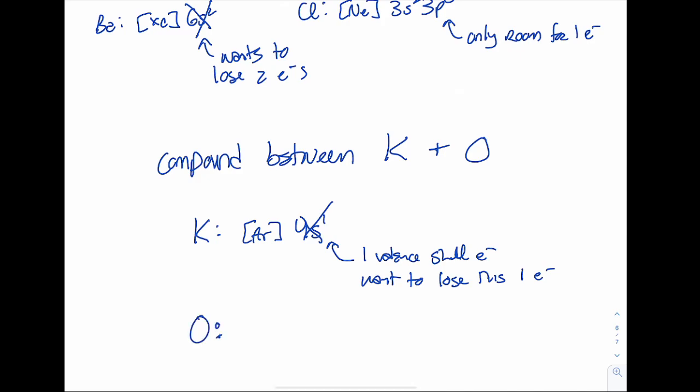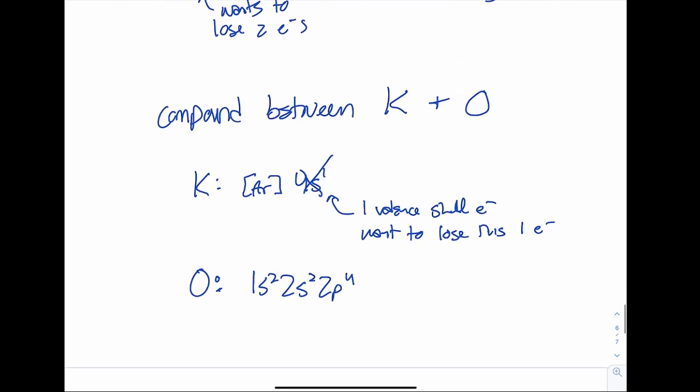Oxygen, I have 4 electrons in that p subshell. It can hold 6, so it wants to gain 2 electrons, right? If it gains the 2 electrons, I now have an octet.